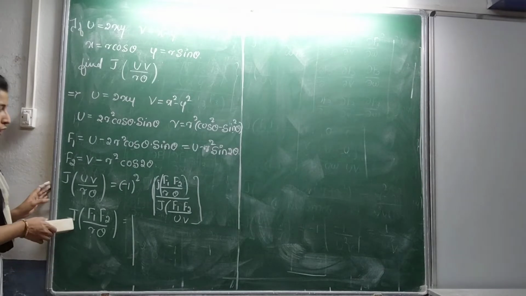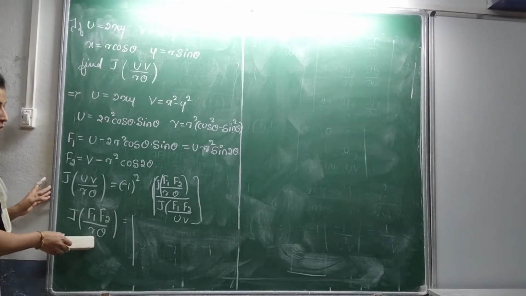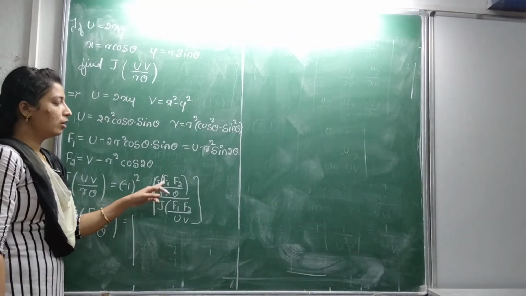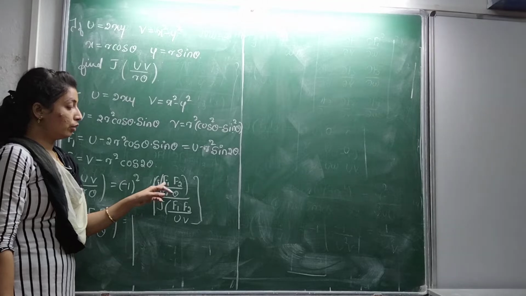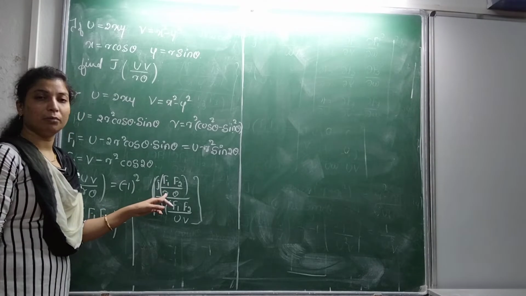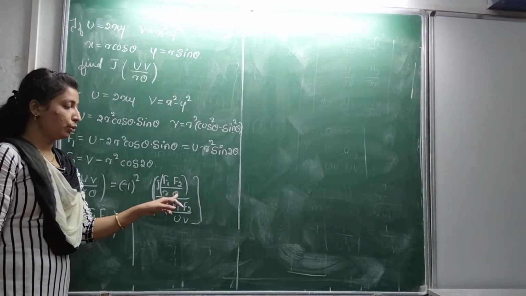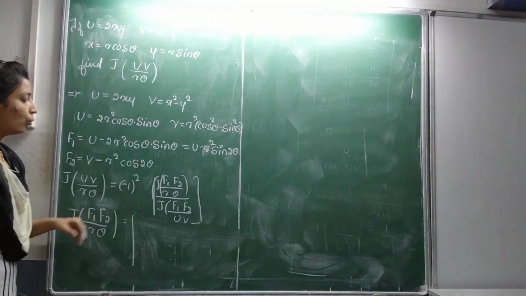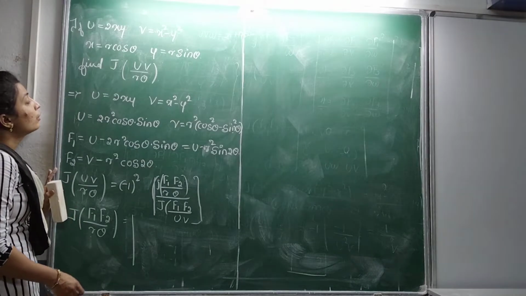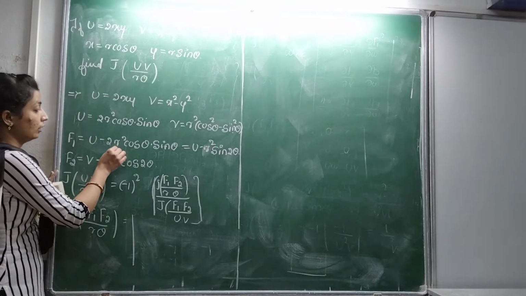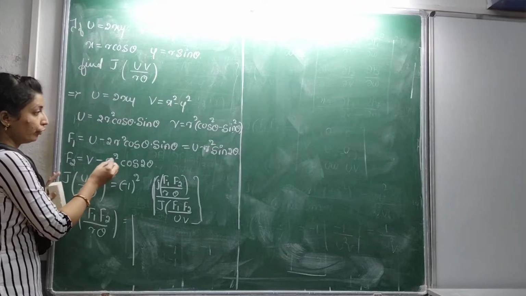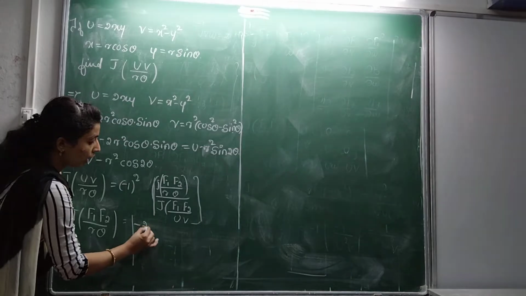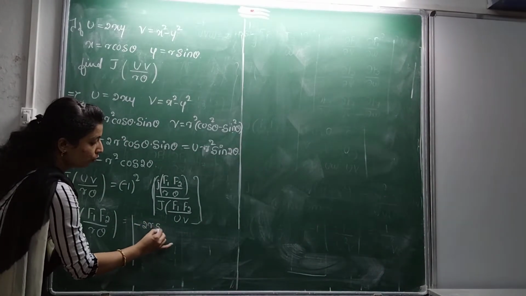So now we find the value of Jacobian of f1 f2 with respect to r and theta. So Jacobian of f1 f2 with respect to r theta is the determinant of dou f1 by dou r, dou f1 by dou theta, dou f2 by dou r, dou f2 by dou theta. So dou f1 by dou r is 2r sin 2 theta.